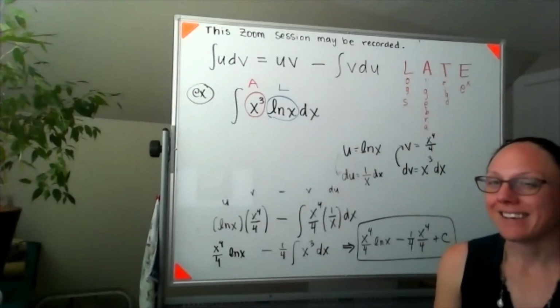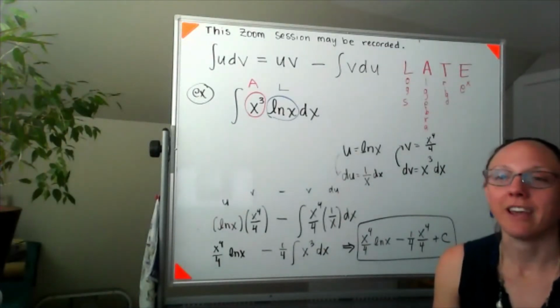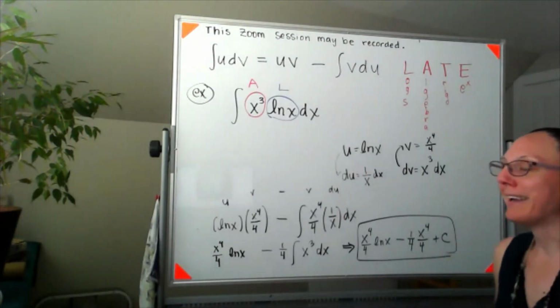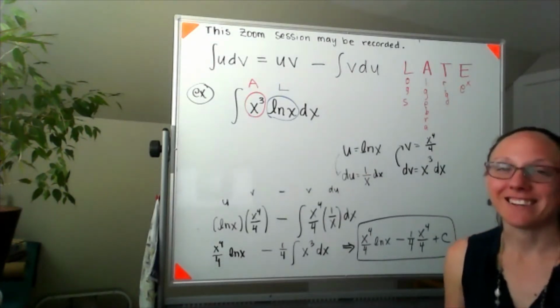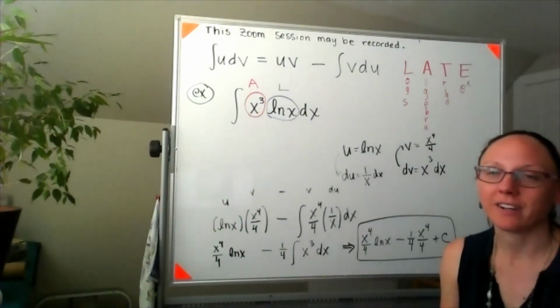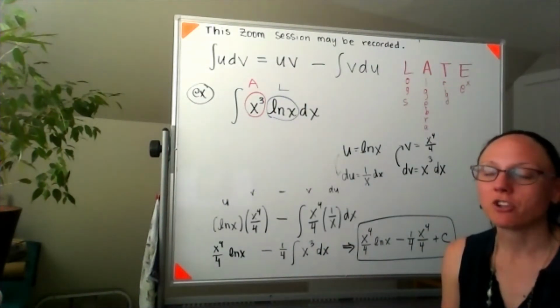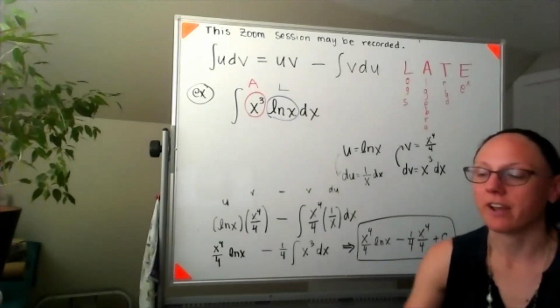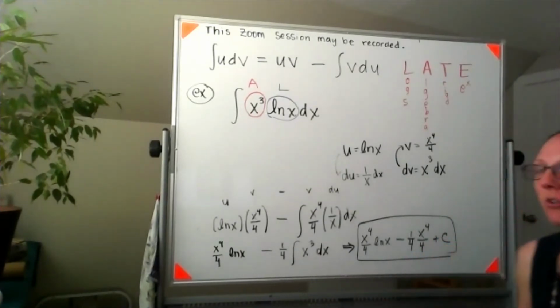So my guess is that we actually won't encounter a lot of inverse trig. We might encounter inverse trig in the sense that the antiderivative of 1 over 1 plus x squared is tan inverse, but I'm not sure how much we're going to see inverse trig directly in an integral.